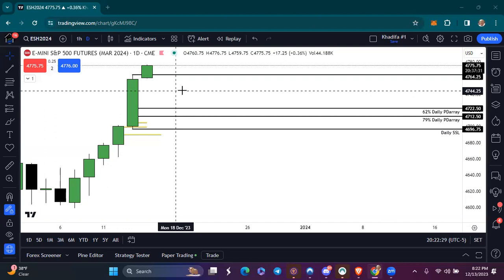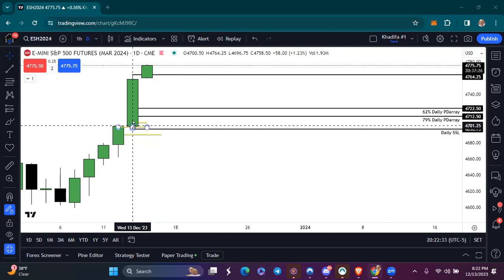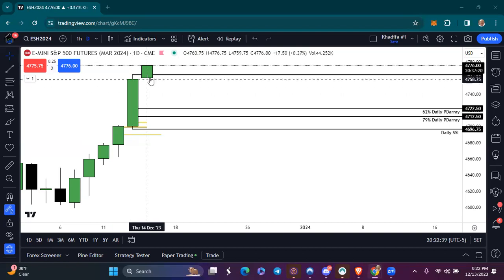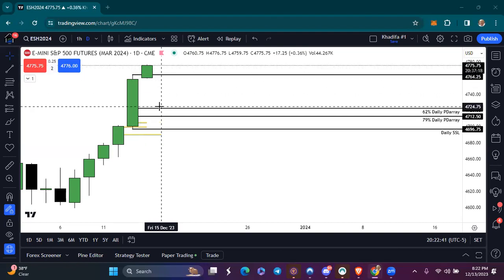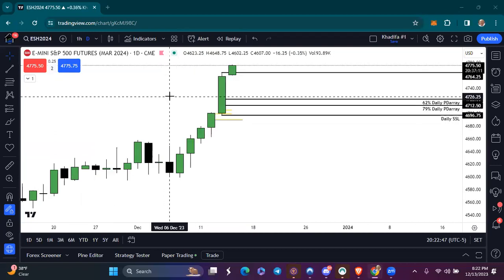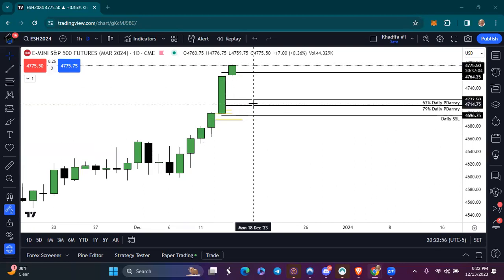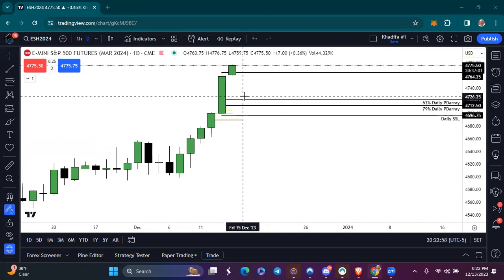So those were our two high impact news drivers that we had today, right? Which gave us this imbalance in price and this move that we saw today. And I would like to see price pull back down into the discount array level of that price range. But like I said, with high impact news coming out tomorrow and Friday, we could very well see price just keep pushing bullish to the upside.